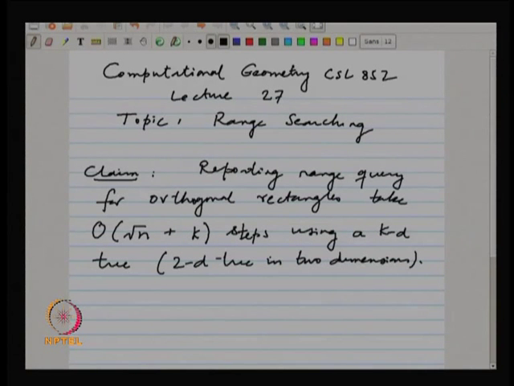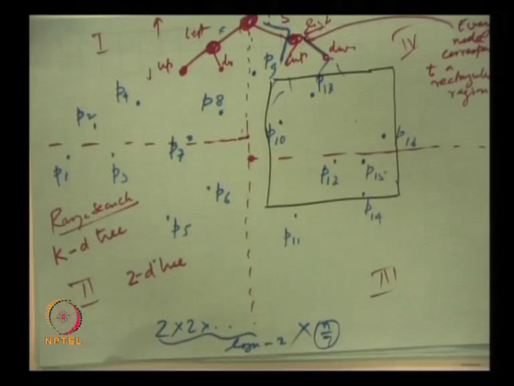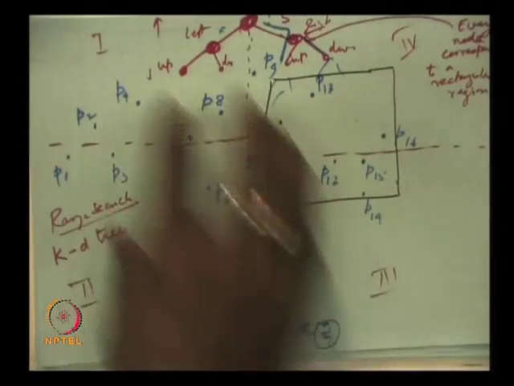So any question about the basic scheme before we do the analysis, the query tree? Yeah, it's very simple. Just as a recap, what did we do? We alternately sliced the plane using a median on the x coordinates and then a median on the y coordinates, and we obtained smaller and smaller rectangles.